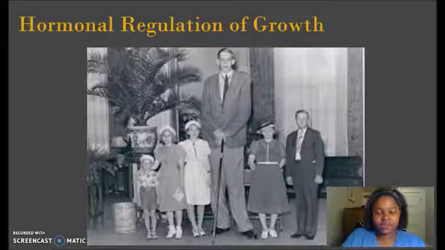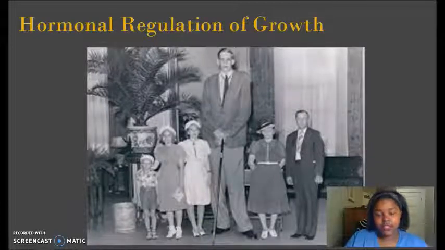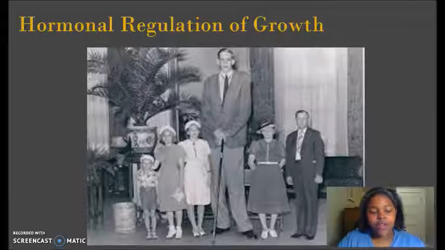Here you see what they call gigantism, and that is when too much of the human growth hormone is secreted. That has a big impact on that person because it can also have an effect on their metabolic rate, how their body reacts to illnesses and things of that nature. And that is the end of 45.2.